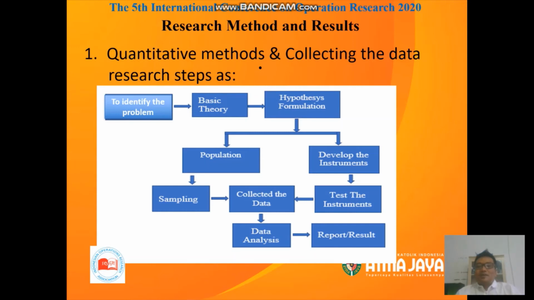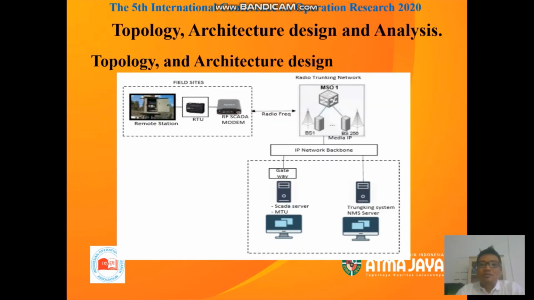At the same time, we test the instrument in the lab and then collect the data on where the base station will be put, and then after that we analyze the data and finally we do the report.